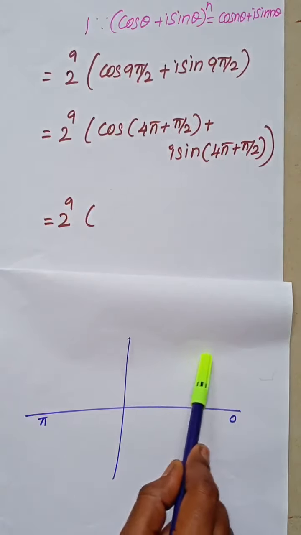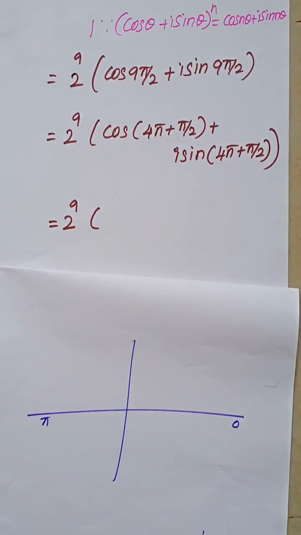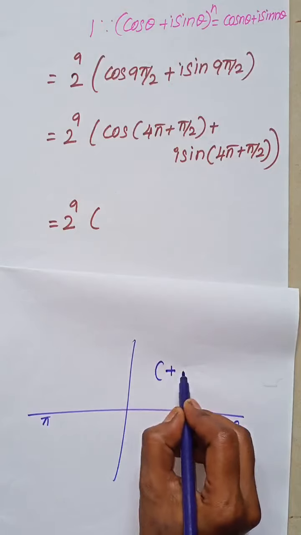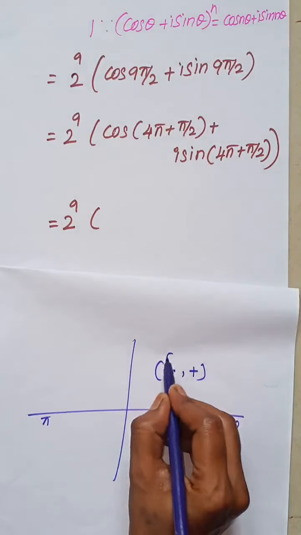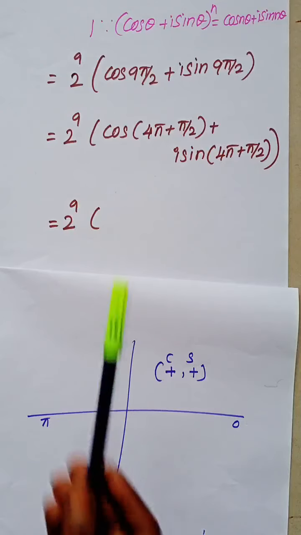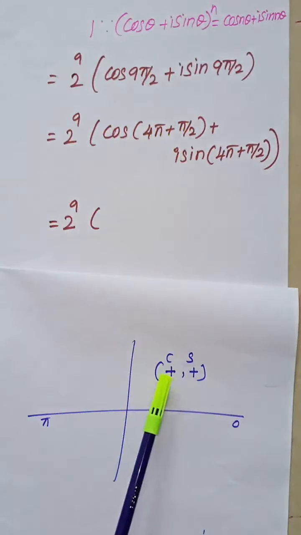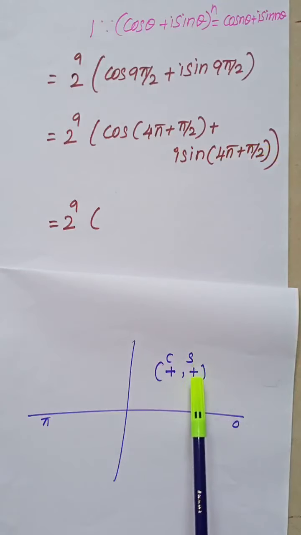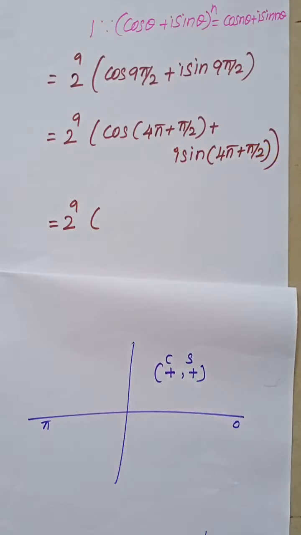So it lies in the first quadrant. First quadrant means both are positive: cos and sin both are positive. So cos of 4 pi plus theta is plus cos theta, and sin of 4 pi plus theta is plus sin theta. Here theta is pi by 2.